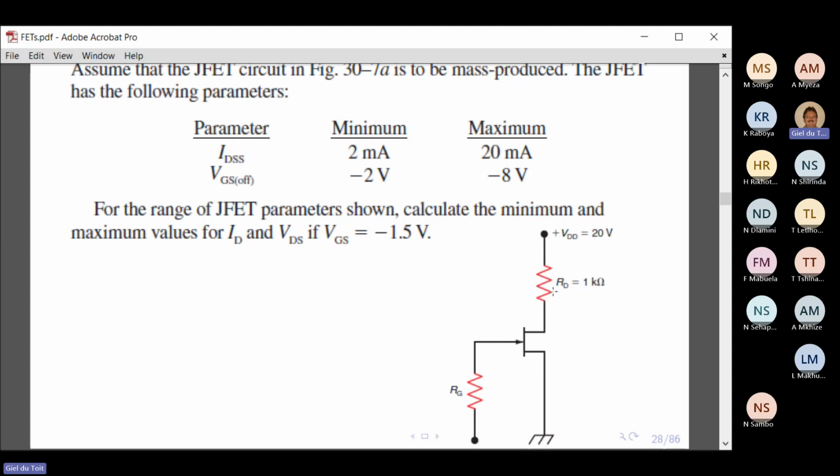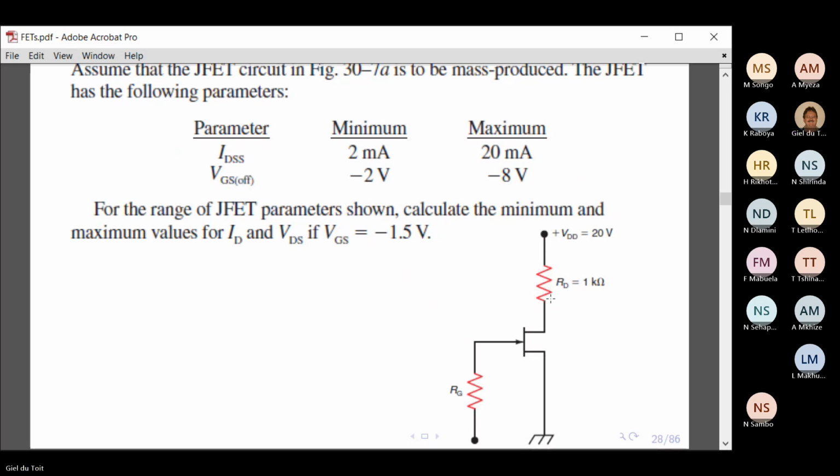So remember that. If that voltage is 2 volt and this is 20 volt, what is this voltage here? The voltage on the drain source will be 20 minus 2, so this voltage will be 18 volt here. Does that make sense? However, if I have 20 milliamp flowing through this RD, the volt drop will be 20 volt over that resistor.